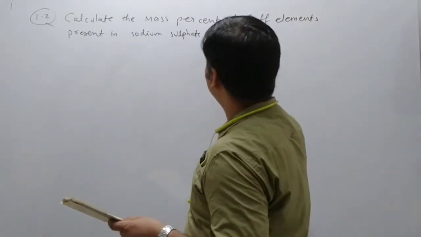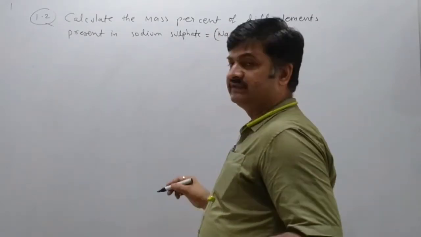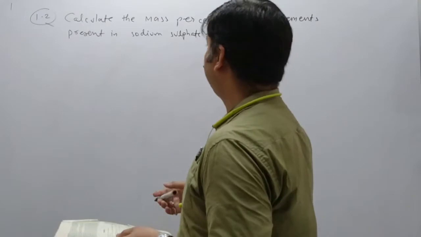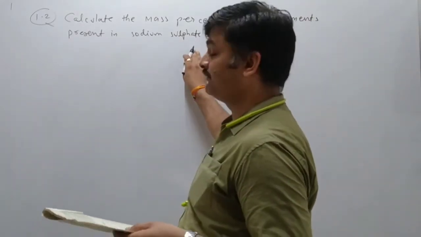The sodium sulfate formula will be Na2SO4. This is the question. Now we have to determine the mass percent of different elements present in sodium sulfate.